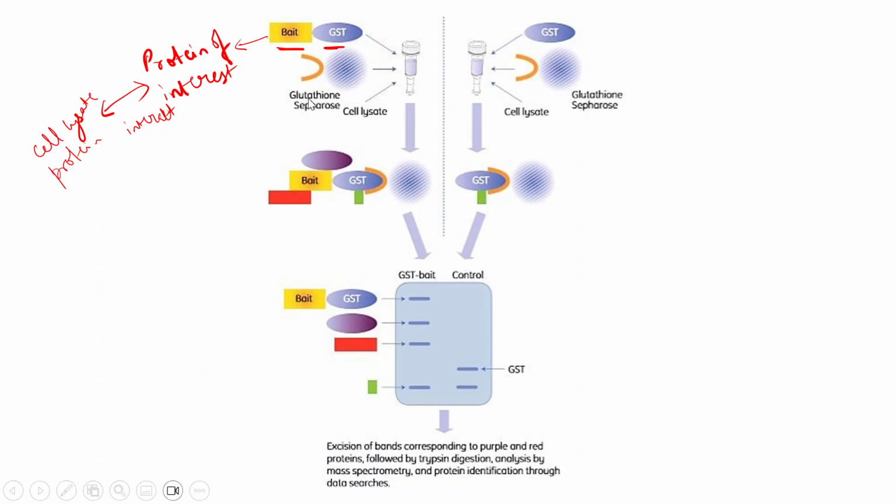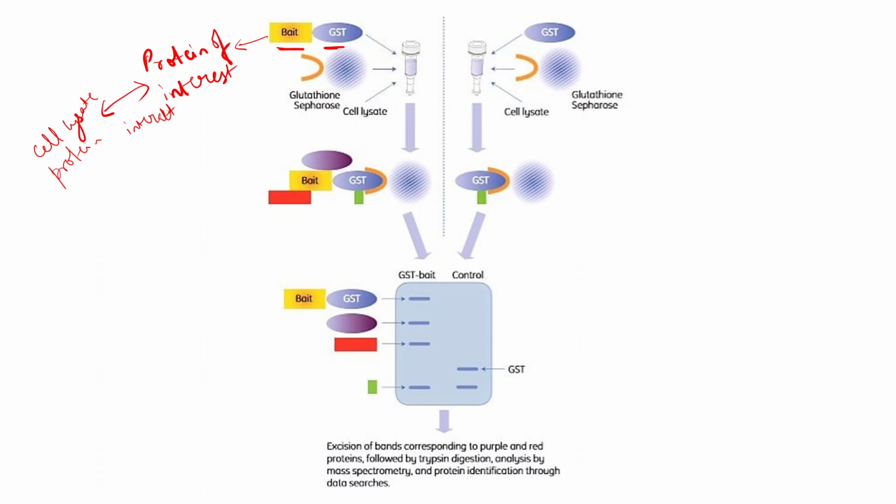In immunoprecipitation, instead of this GST and bait, we have an antibody. So on a solid matrix, we have an antibody, similar to affinity chromatography. You add the cell lysate, whatever binds to the antibody will be bound, and then you can just spin it down to get the bound complex and run it over a gel.